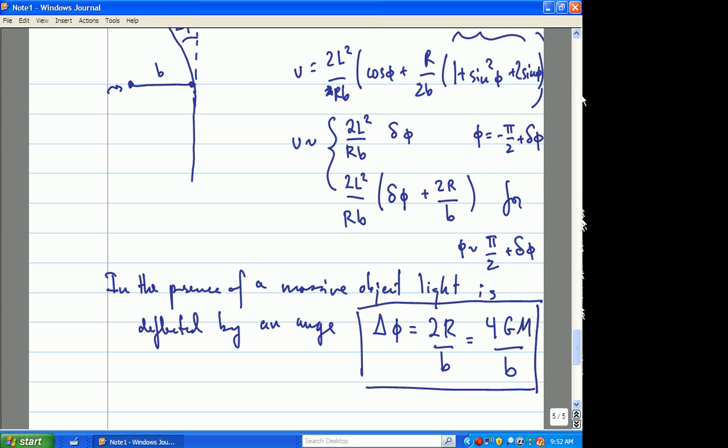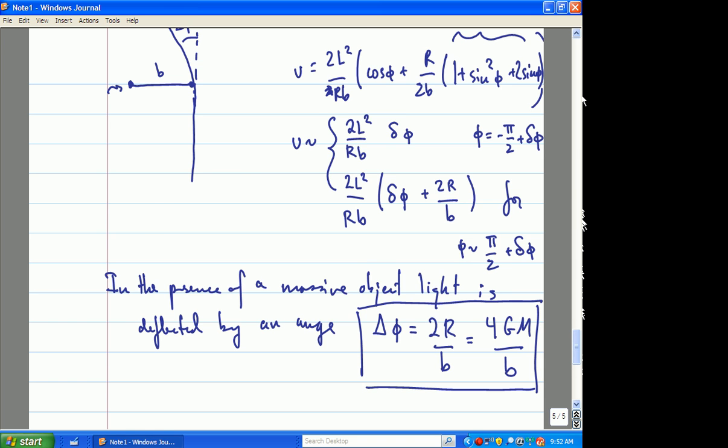And that is in the approximation where the object is close to spherically symmetric and static, and the light is not passing too close to the object. The angle of deflection depends linearly on the mass of the object and is inversely proportional to the distance of closest approach of the light to the object.